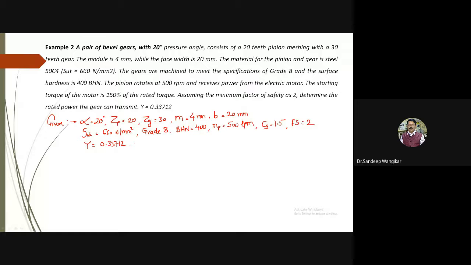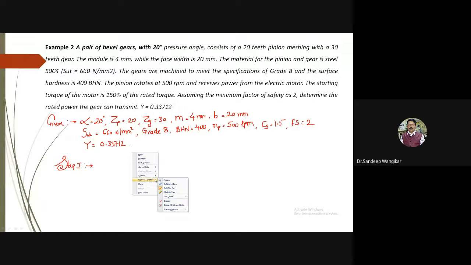If we calculate the PD, then by using the relationship between SB and SW, we can calculate the PT and then MT and finally kilowatt. So these are the steps we follow so that we arrive at the power.